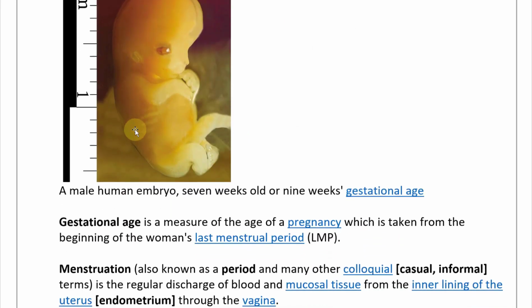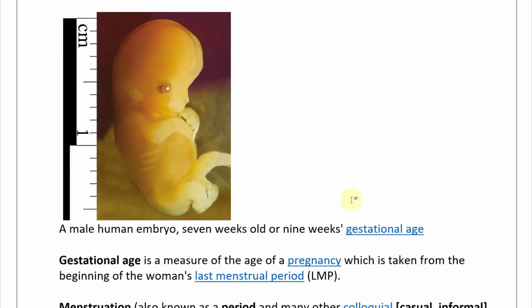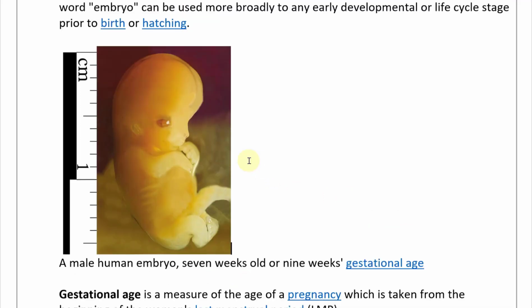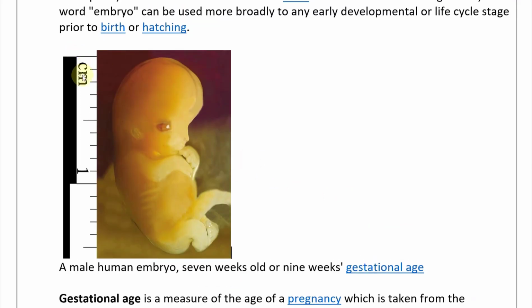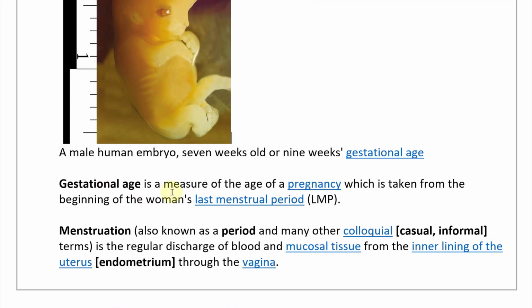And here is a male human embryo, 7 weeks old or 9 weeks gestational age. Look how small that is. It's about 1.5 centimeters long. Gestational age is a measure of the age of a pregnancy, which is taken from the beginning of the woman's last menstrual period, abbreviated LMP.